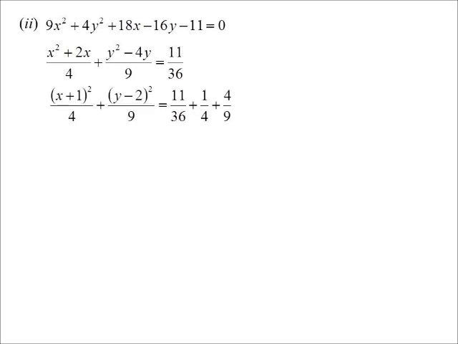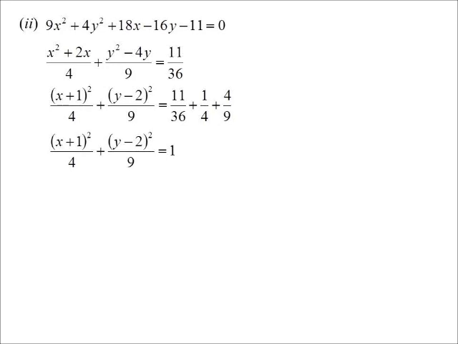So tidying that up, and then the right-hand side, there we go. Amazingly, the right-hand side equals 1. Remember, when we're using these formulae to work out a and so on, the right-hand side has to equal 1. So if it equals any other number, divide by whatever that number is before you do anything. In this case, we're okay.